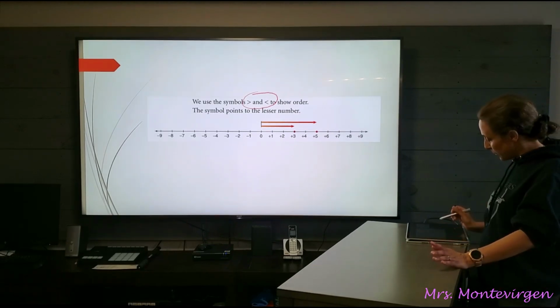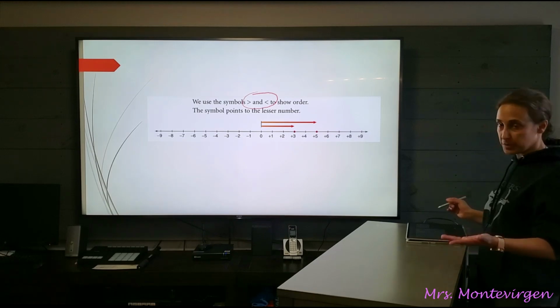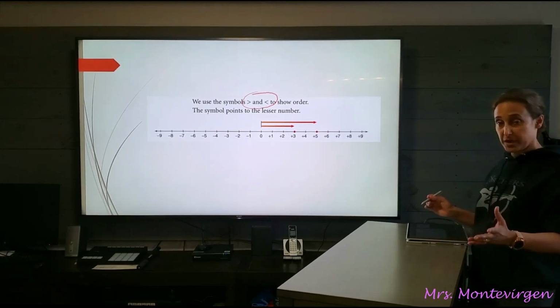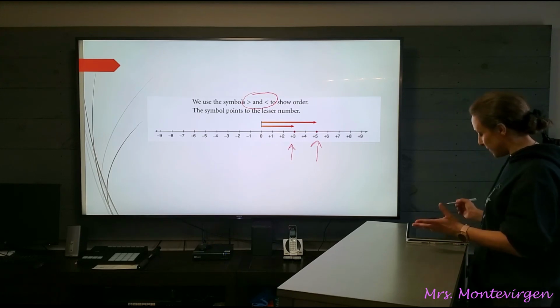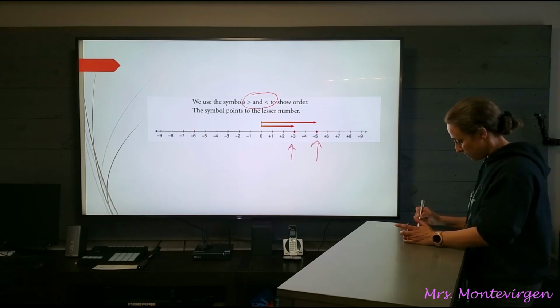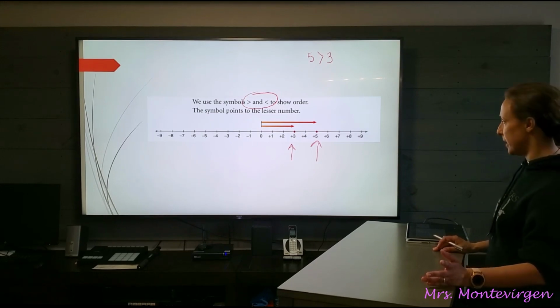Here on the number line, I need to compare 5 and 3. The number line makes it really easy to see, with 5 plotted here and 3. We all know that 5 is greater than 3, so if I use my greater than, less than sign, this is how I write it: 5 is greater than 3.